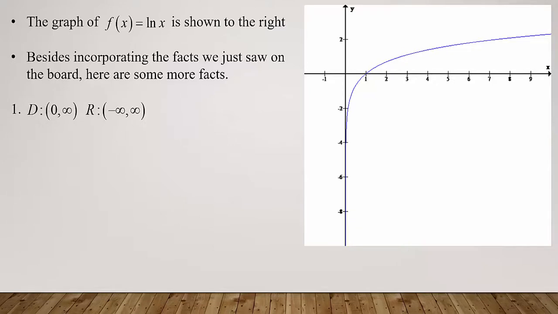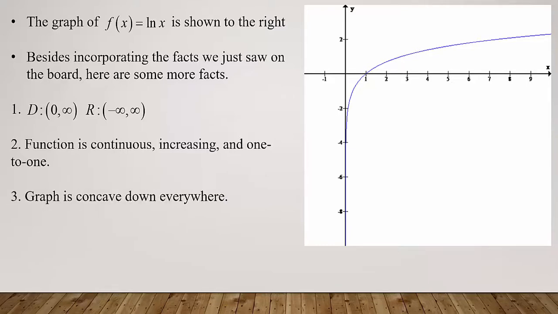Fact 1, the domain is 0 to infinity. The range is all real numbers, negative infinity to infinity. Just looking at the graph of ln x, the function is continuous on its domain, the function is always increasing, and the function is 1 to 1.